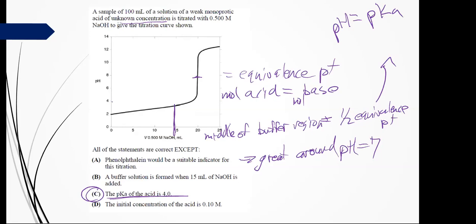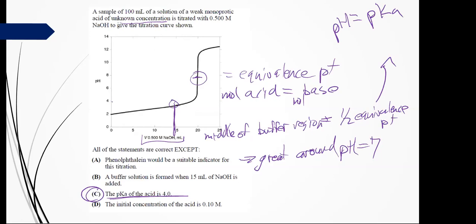We know that from here, we're going to be in our buffer region because we're before the equivalence point. You can see that our equivalence point is here at the 20 milliliter marking.